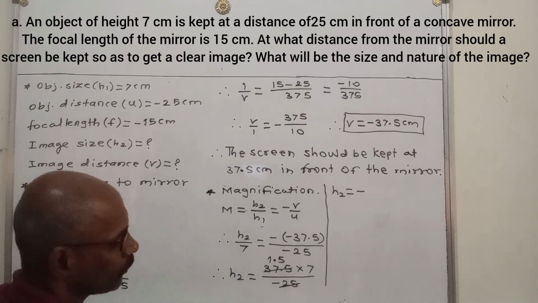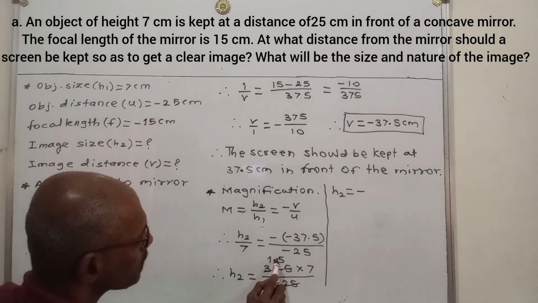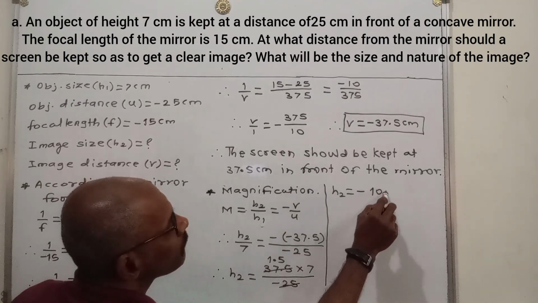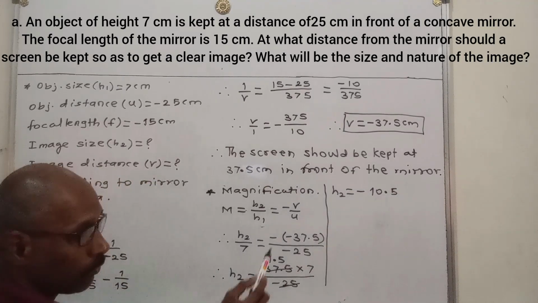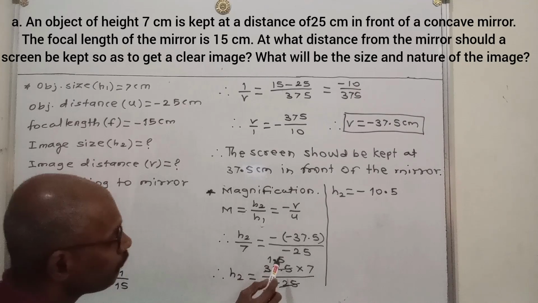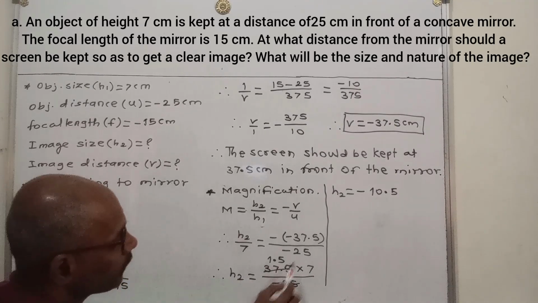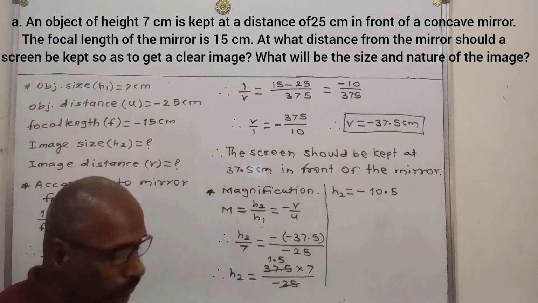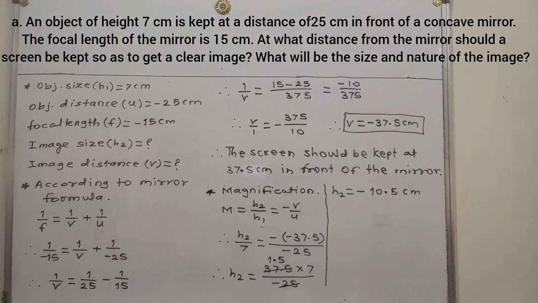Therefore 15 sevens are 105. Minus sign, 1 decimal place, centimeter.